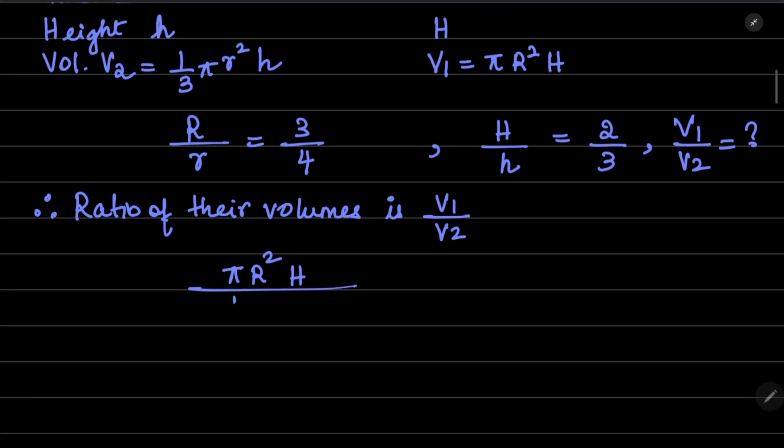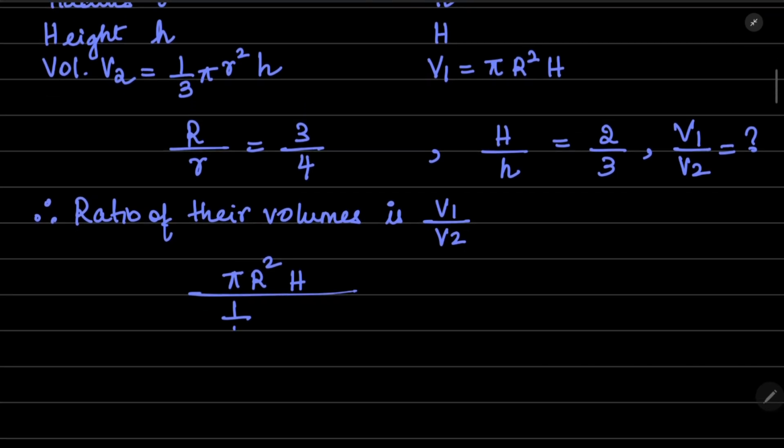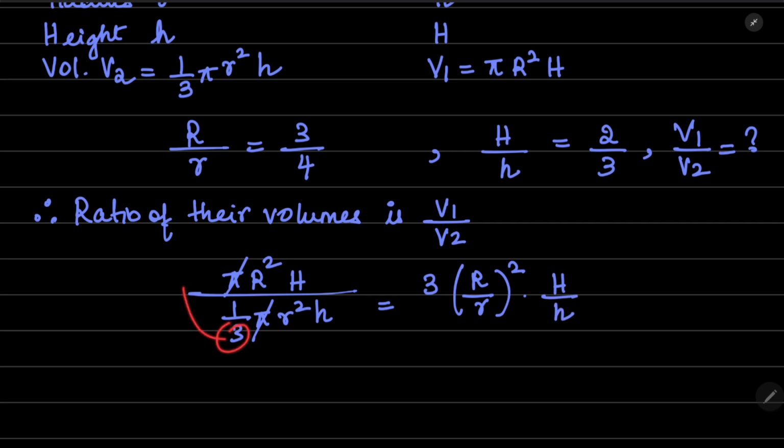What is V2? It's the volume of the cone, 1 by 3 pi r square h. Right? So this pi and pi will get cancelled. 3 goes to the numerator. I can write it as capital R by r the whole square multiplied by capital H by h.